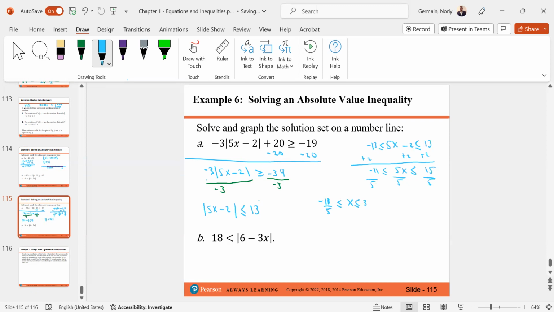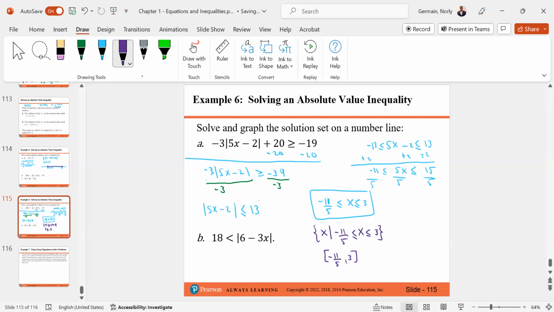In set builder notation, x such that x is between negative 11 over 5 and 3, and the interval is [negative 11 over 5, 3].